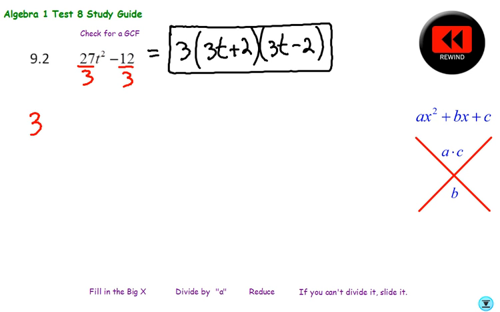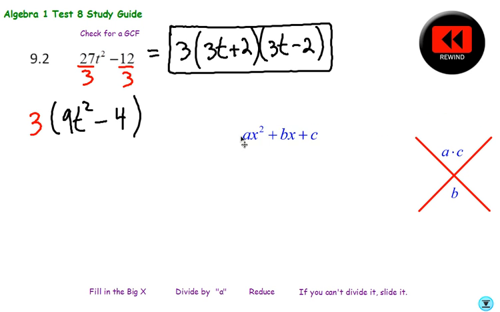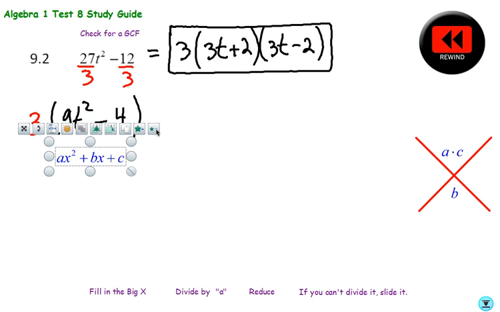And then what would be left over there would be 9t squared, right? Because 27 divided by 3 would be 9. 12 divided by 3, which would be 4. And again, what's different about this one is that the ABC, the B is missing, right? So if I pulled this over here and lined up my A, B and C, let me shrink this down just a little bit.